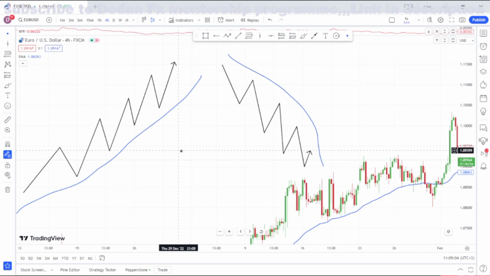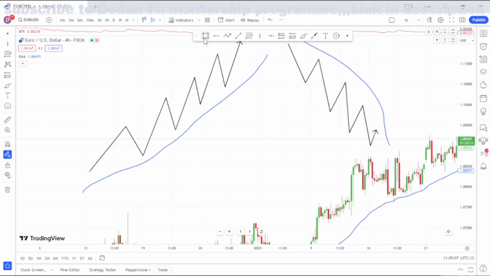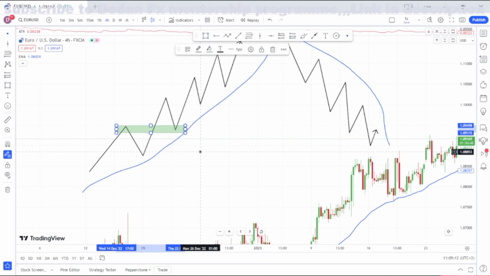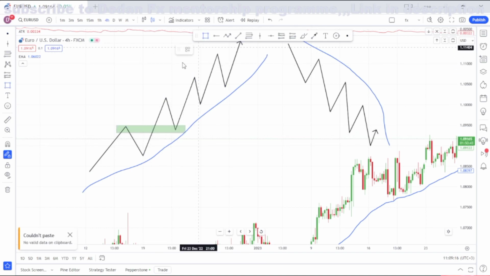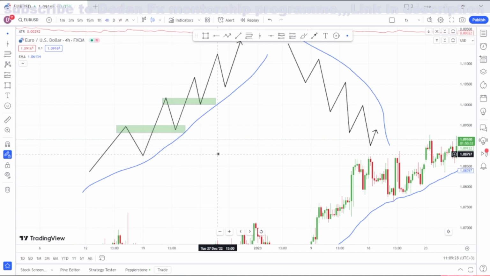My second condition is I should see price pull back to the zone that it had previously broken. Once I see price come back to my zone, I have my entry reasons, which we'll be talking about as we continue doing the video.